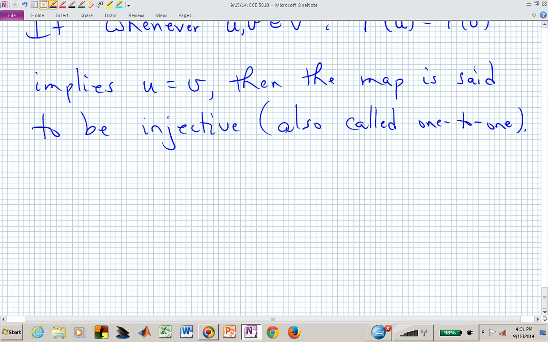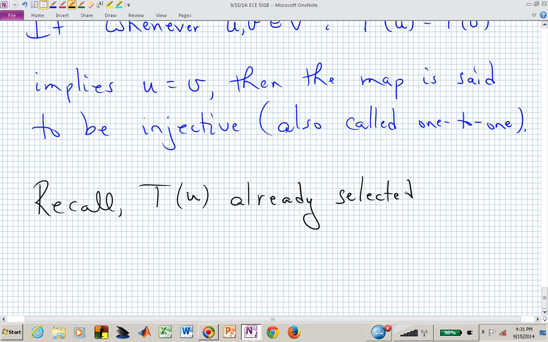You give me a vector in V, that will only map to one point or one vector in W. Now, we already, by definition of this linear map, had said that T of U for any U gave us a unique vector. So T of U already selected a unique element in W.